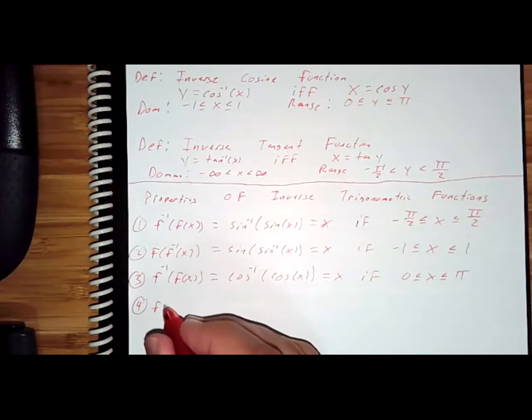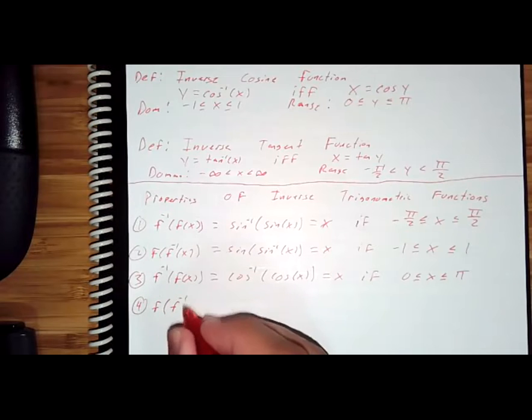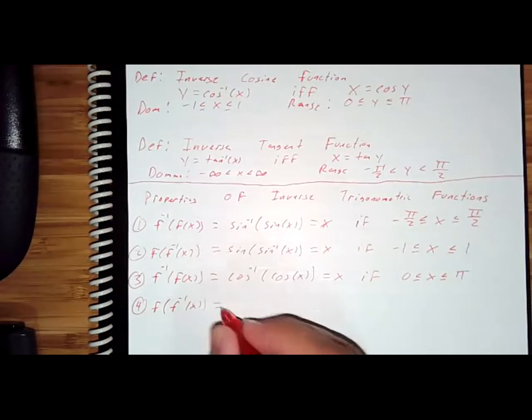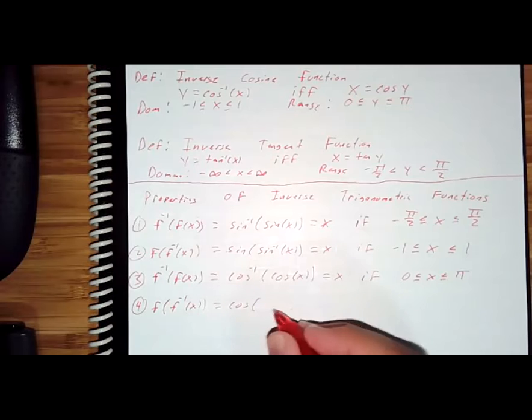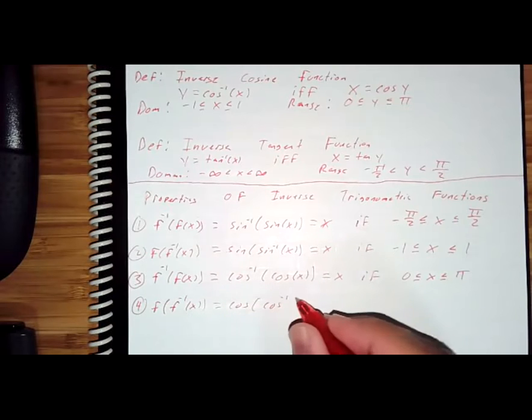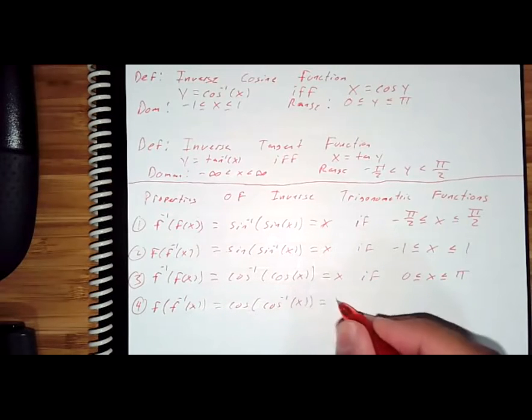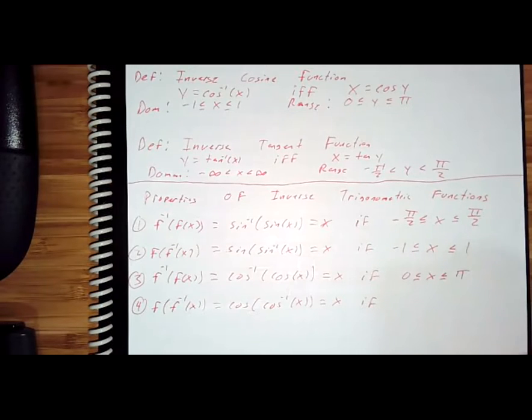And then the opposite, f of f inverse, cosine of cosine inverse is equal to x if x is between -1 to 1.